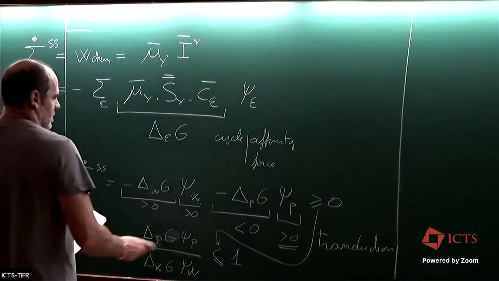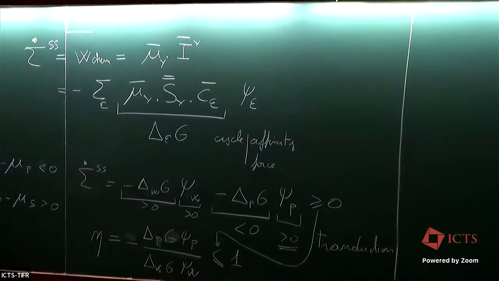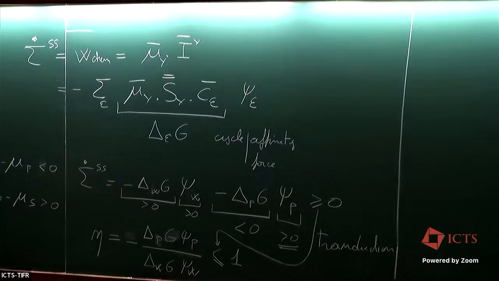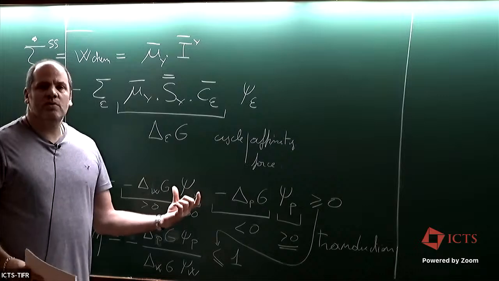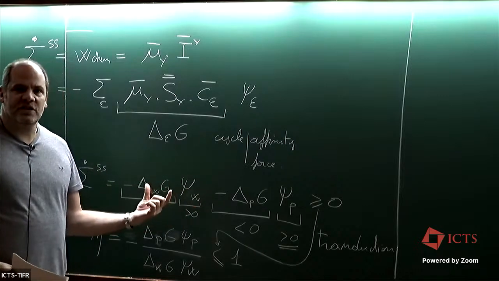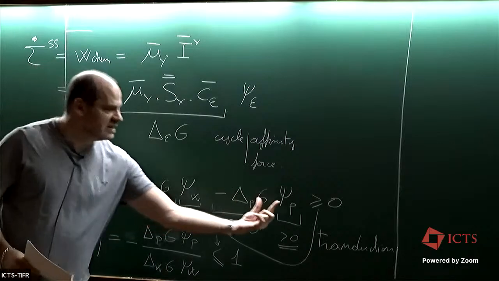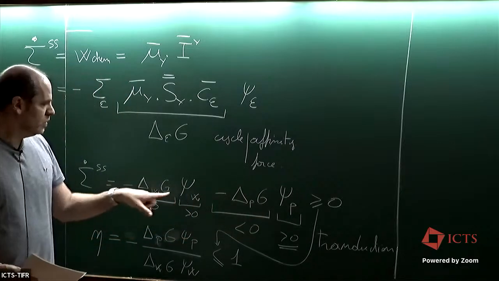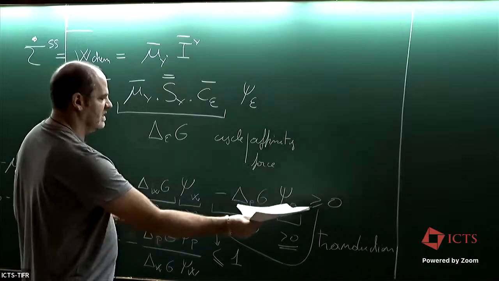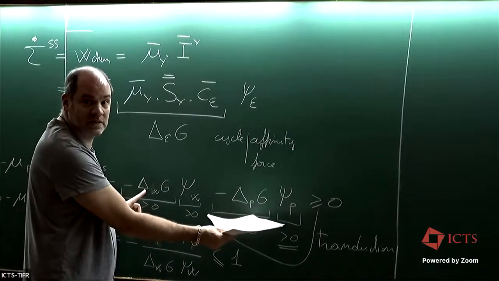In general, the efficiency depends on the flux. Maybe just a side comment for the StatMechie people, if the others, it's not so important. But if you want to make connection to Onsager coefficients close to equilibrium, you need to expand these currents into both, because each of these currents depends on both forces.